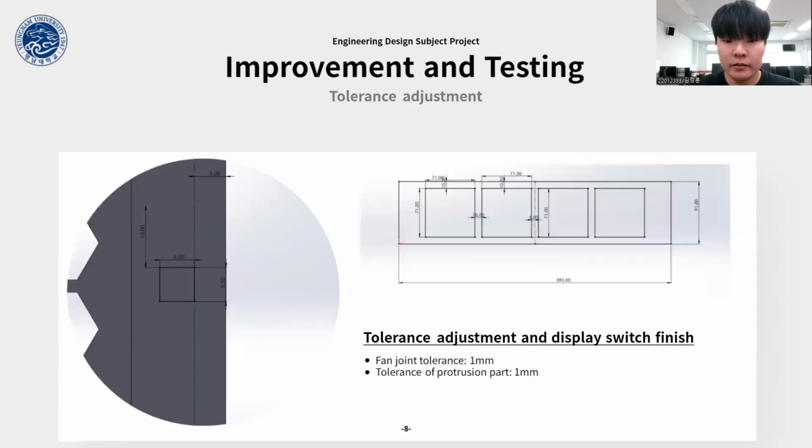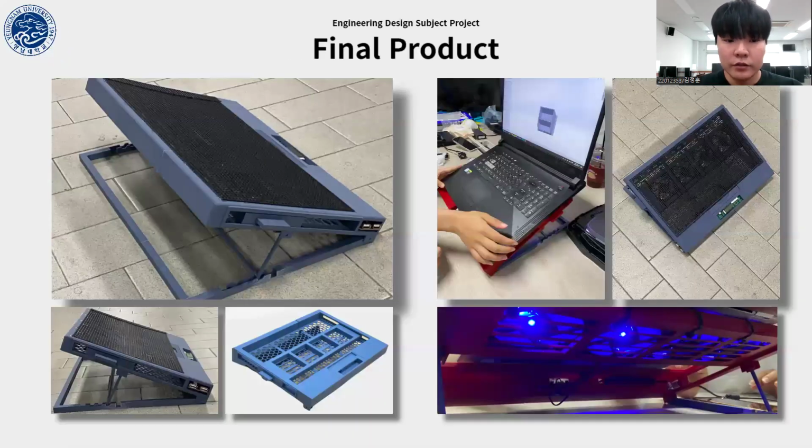In anticipation of the error between the 3D printer and the actual prototype model, we gave 1 millimeter tolerance to each of the joint and protrusion parts. Through this process, we finally completed our laptop cooling pad heat improvement model, which looks like the image above.